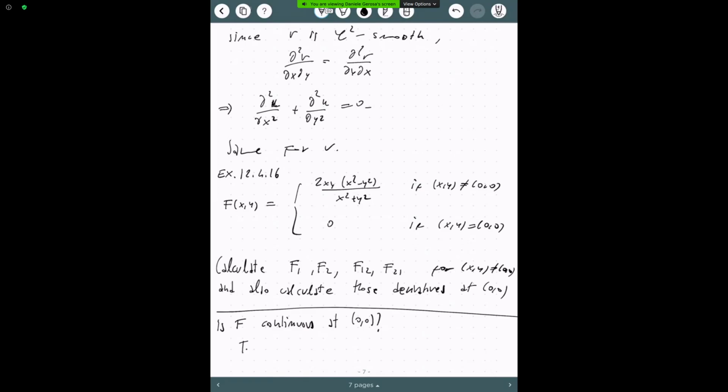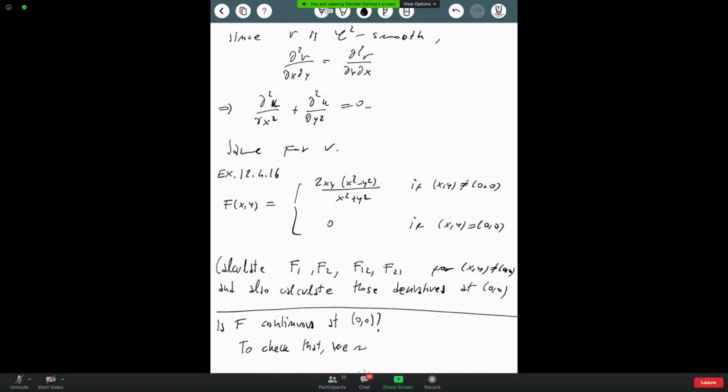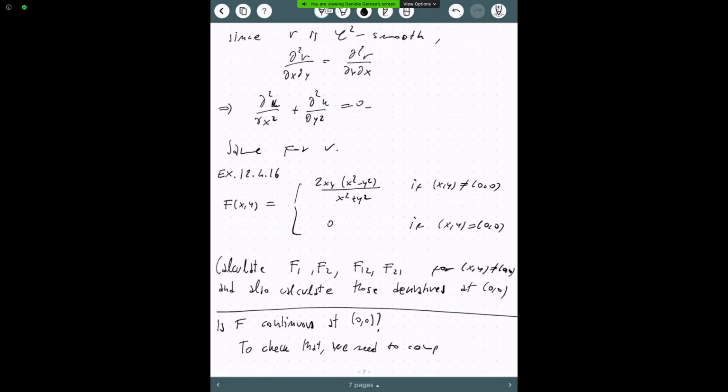So to check that, we need to compute the limit for (x,y) going to (0,0) of the function f of x, y, right?